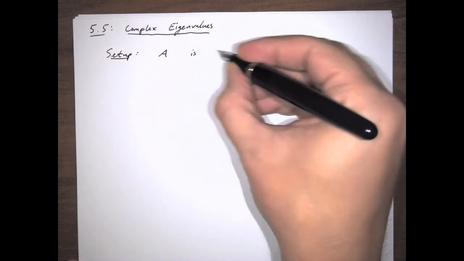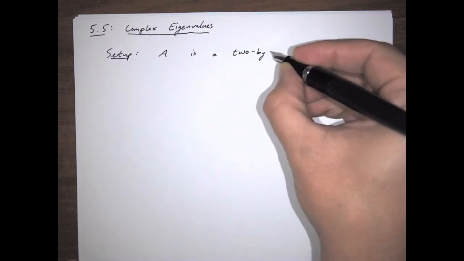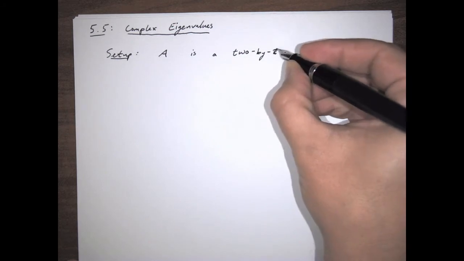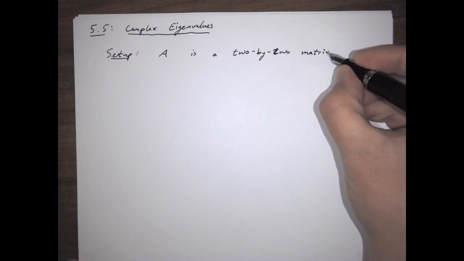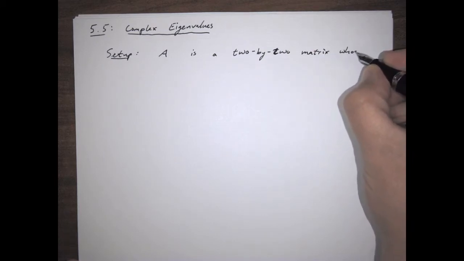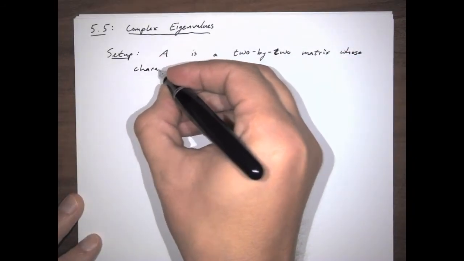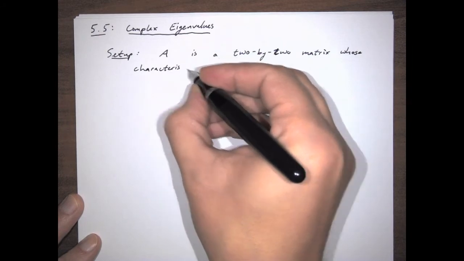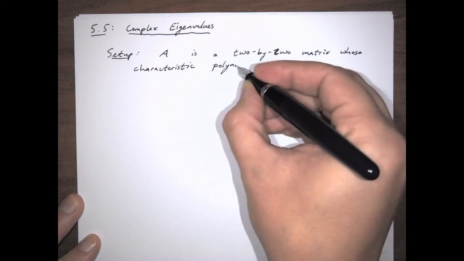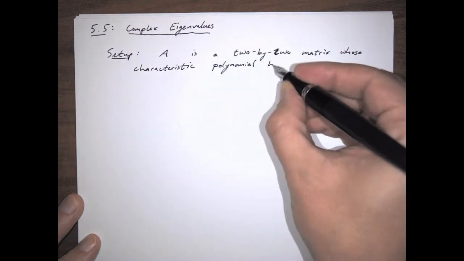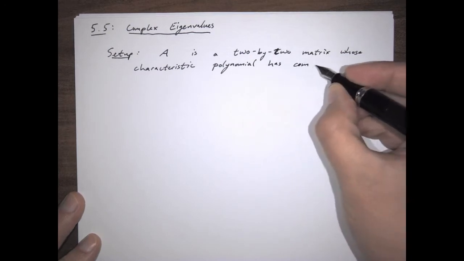So A is a 2 by 2 matrix whose characteristic polynomial has complex roots.